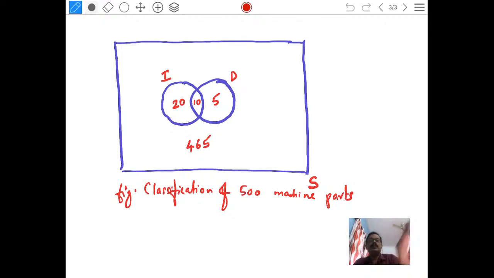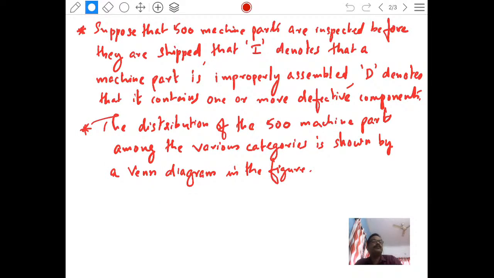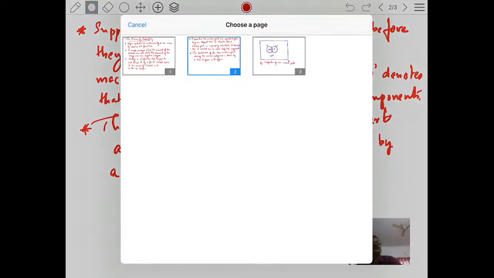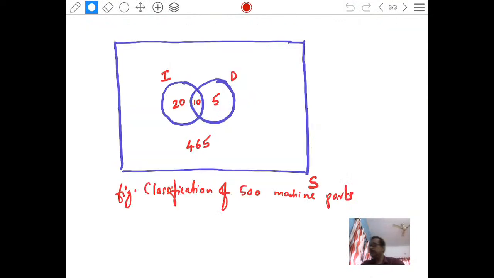The sample space is shown by S. We can see the sample space here, and the event I, then D, then the intersection of I and D. This is the classification of 500 machine parts. Now we can proceed further.